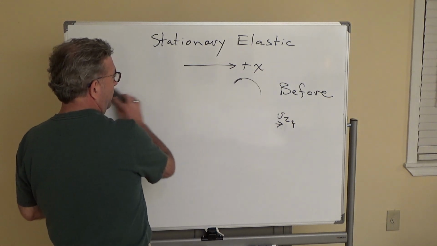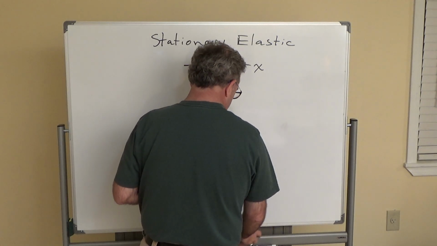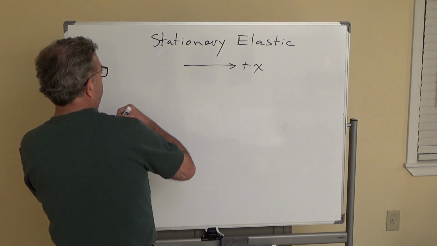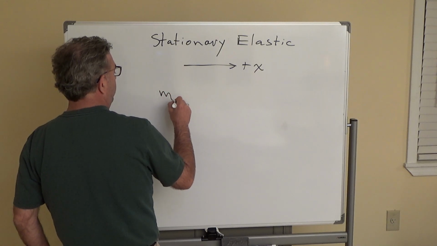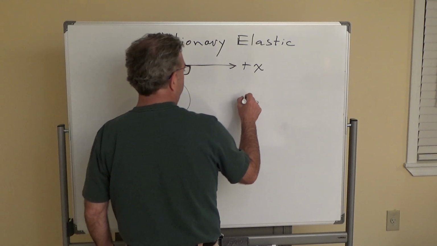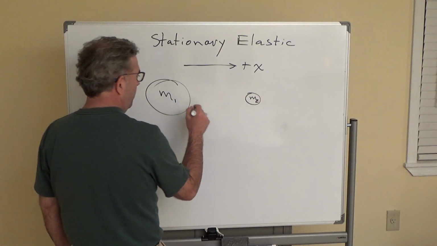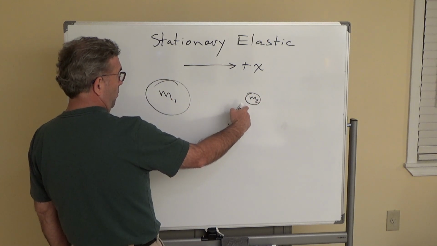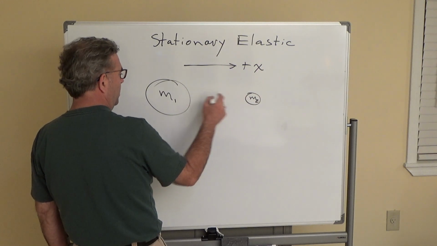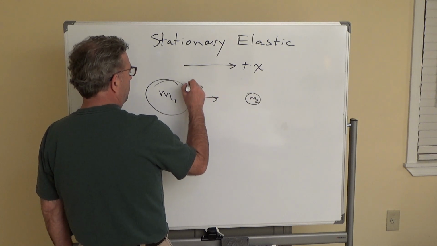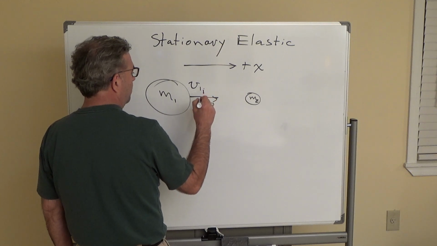What happens if M1 is greater than M2? So here's M1, let's make it big. Here's M2, remember this is stationary. This is before the collision, M2 is stationary. Here's V1 initial.